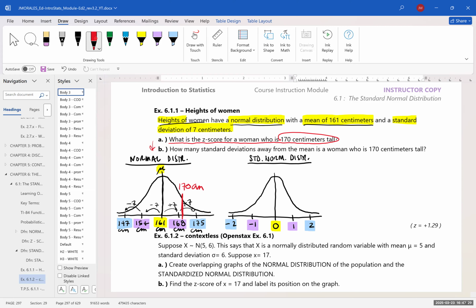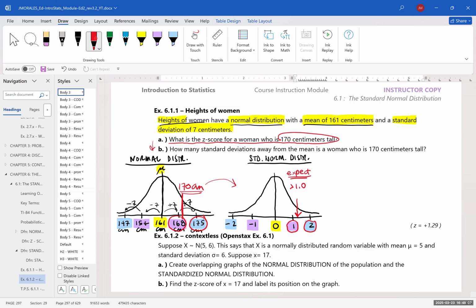Now, when we convert 170 centimeters to our standard normal distribution, we should expect it to be somewhere between 1 and 2 standard deviations above the mean. So it's going to be some value that will be a little bit greater than 1. This is what we expect.